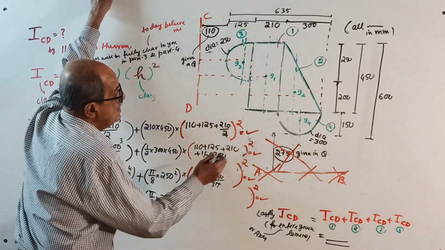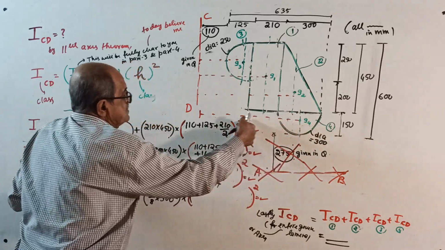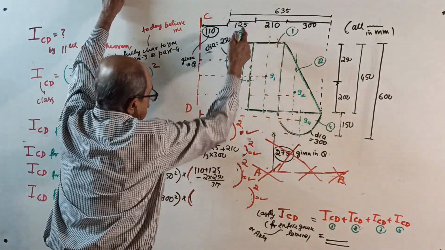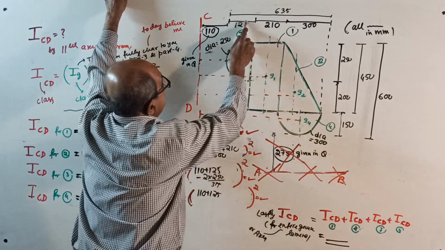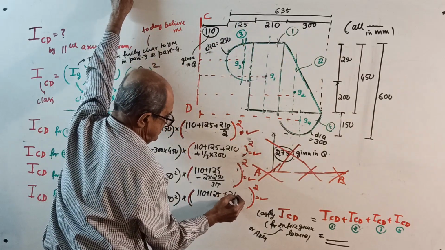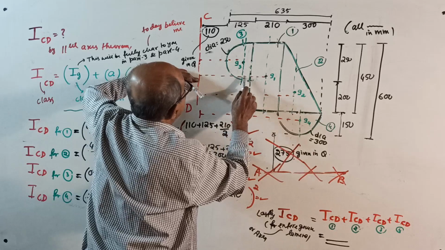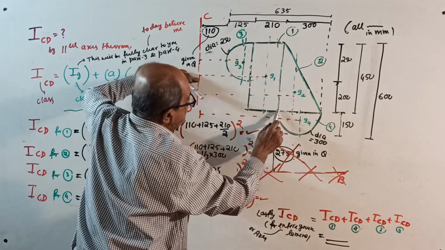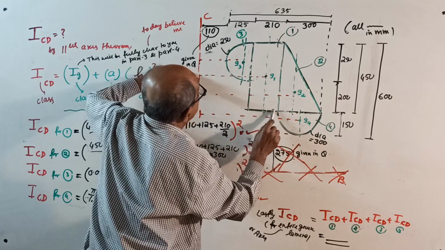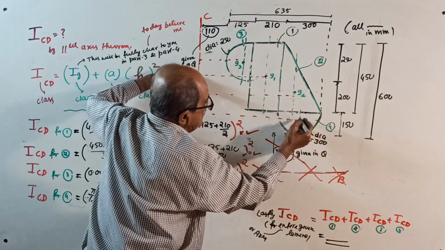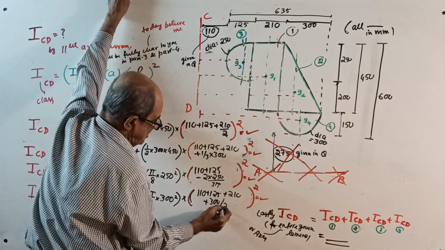Plus area into this distance square. This distance square is how much? 110 plus 125 plus 125, 110 plus 125 plus 210, then you reach here: 125 plus 110 plus 125 plus 210 plus, this way, the centroid is the midpoint, diameter is 300, plus 300 by 2, whole square.